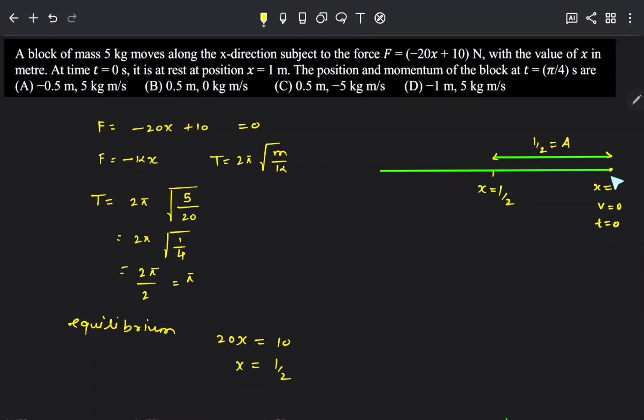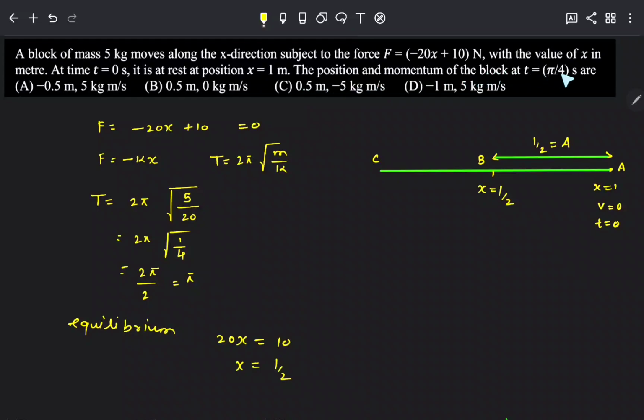So we know the time period of this particular SHM is pi. So if I say this is A, this is B, this is C, when it goes from A to B and then B to C, and again comes from C to B and then B to A, the total time is pi second.